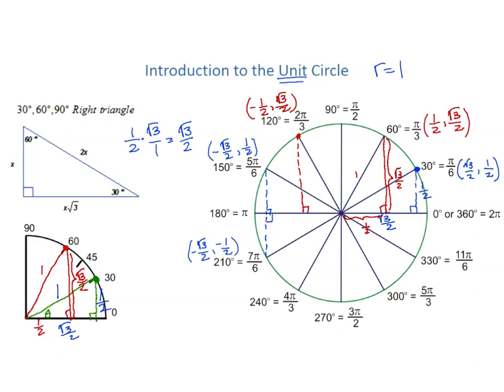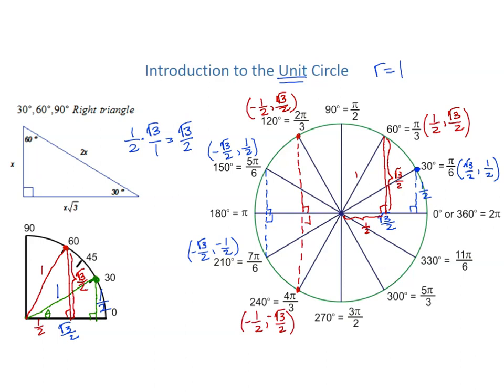All right, let's go to the next one, 240. So this triangle, to get to this point right here, I would have to go the short leg to the left, and then the long leg down. So that's going to be the short leg to the left, and then the long leg down.